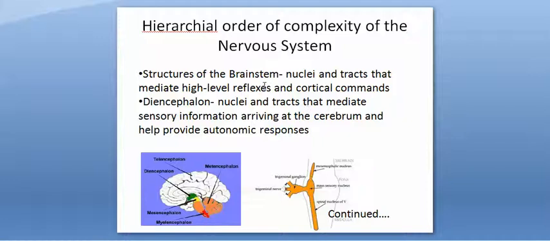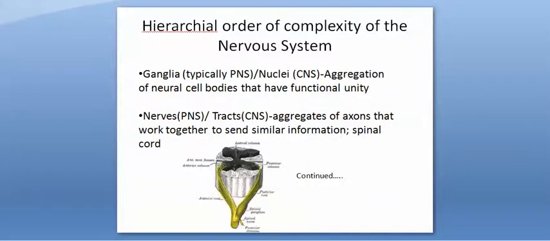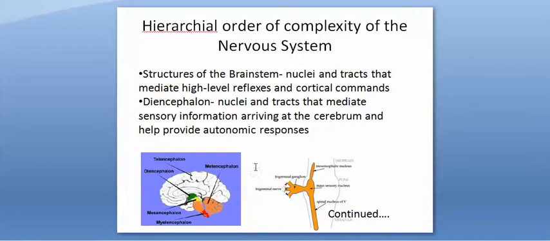All right, so now we're going to move away from tracts and nerves, and talk a little bit about structures of the brainstem. In terms of a hierarchy, that's the next step up. So we have a series of nuclei and tracts. Remember, the brainstem is part of the central nervous system. So you'll see we have nuclei rather than, go ahead and fill in the blank there, ganglia.